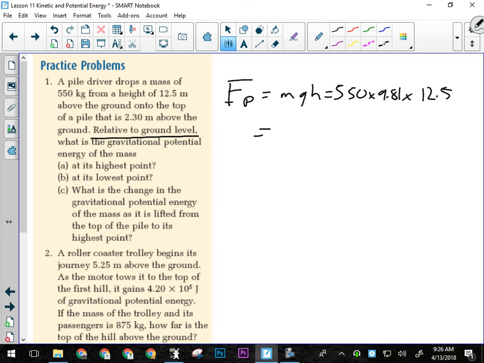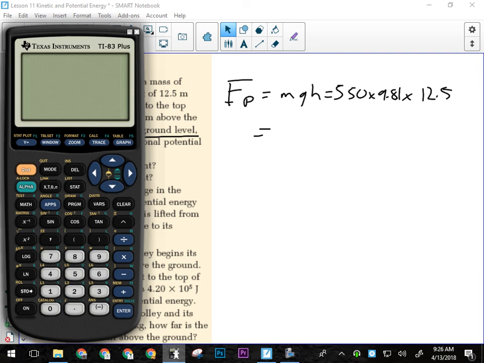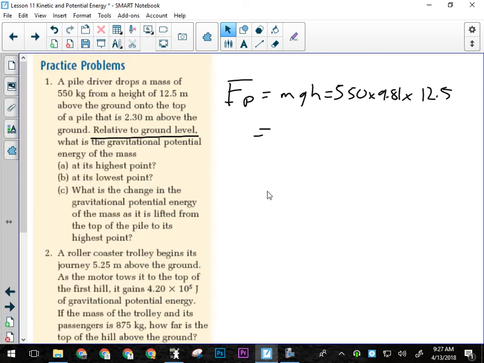So 550 times 9.81 times 12.5. Our potential energy at that point, with only 3 significant figures, is going to be 6.74 times 10 to the 4 joules.